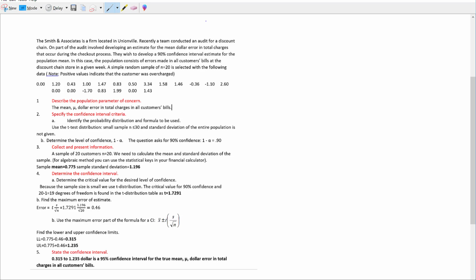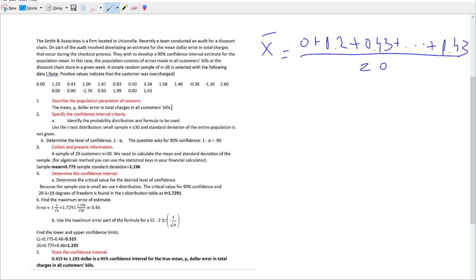So we can calculate the mean for this sample as the sum of all our values: 0 plus 1.2 plus .43 plus and so on, the very last one is 1.43, divided by 20. If we calculate this mean, we have the value that I just put here for you, .775.